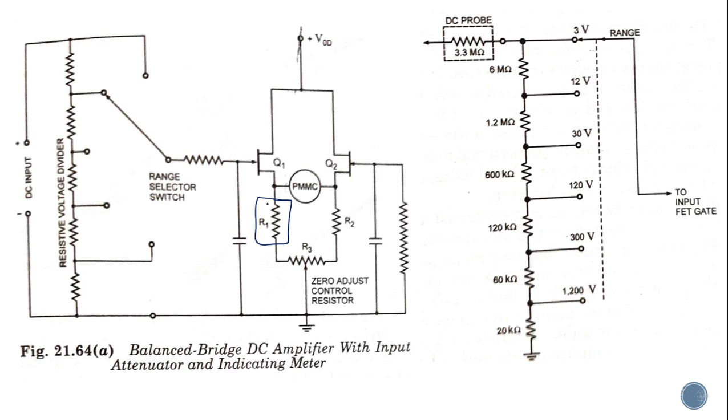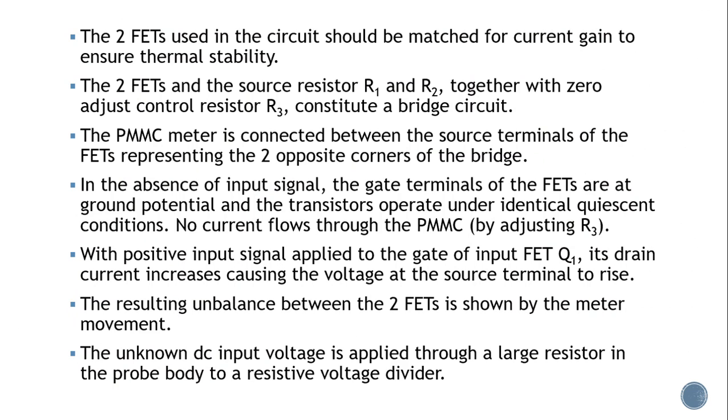When current is flowing through R1, a potential difference will be there across the resistance R1, and this will lead to an imbalance in your bridge. The PMMC will give you the corresponding reading, and you can get the value of the input voltage. It's a very simple working. So that was the working of your electronic voltmeter and how you are going to measure the voltage.